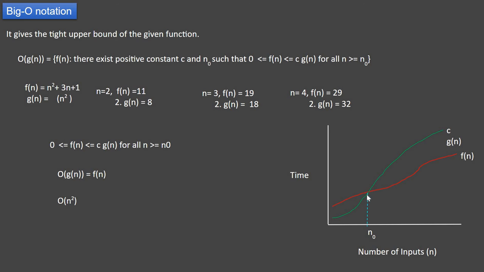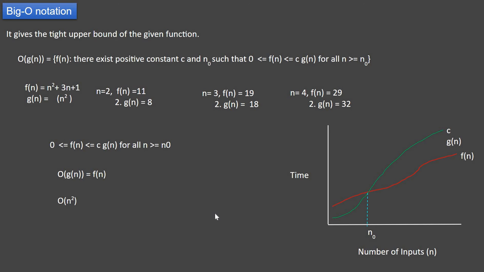But after the value n naught, which is 3 here, when the value is 3, it became equal, and after that these flipped, right? The values of gn are greater than fn for all the values, whatever number you write after this.